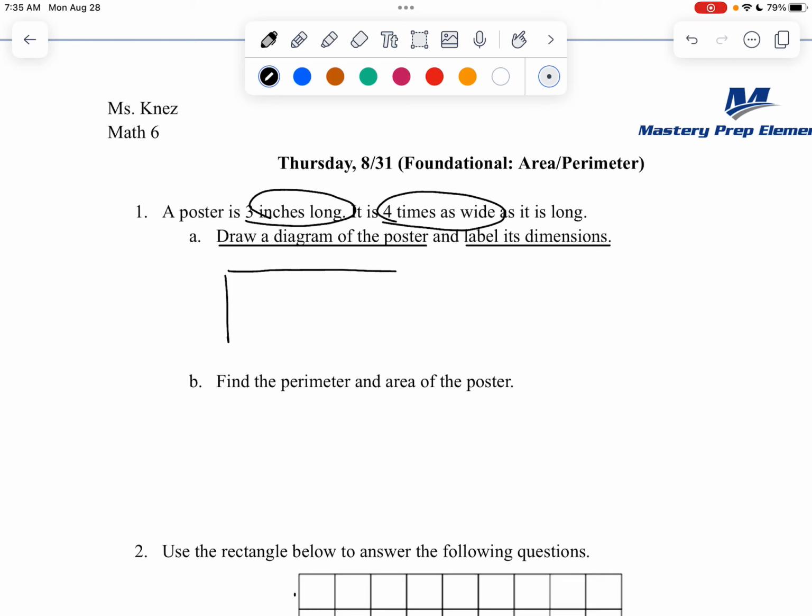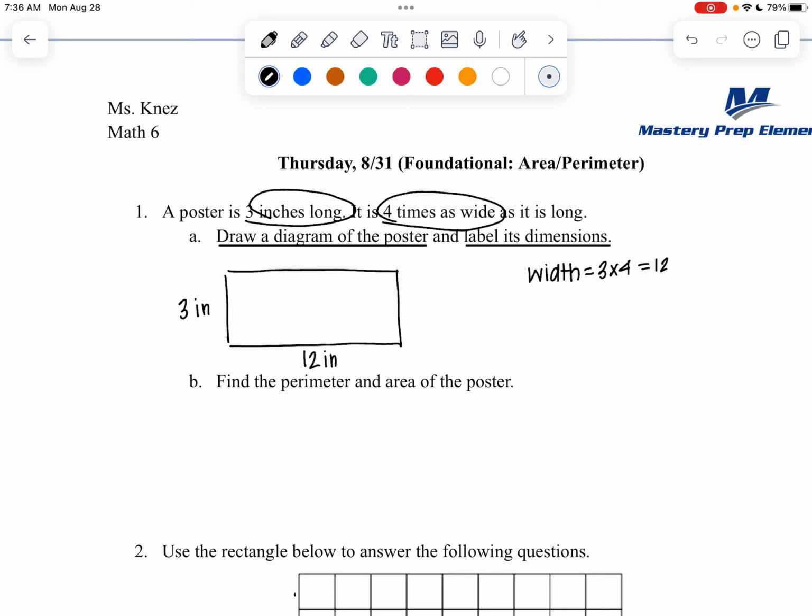I'm going to assume that the poster is a rectangle with a length of 3 inches. Now, we have to be careful. The width is not 4. The width is 4 times as wide as the length, which means the width is 3 times 4, which is 12 inches.